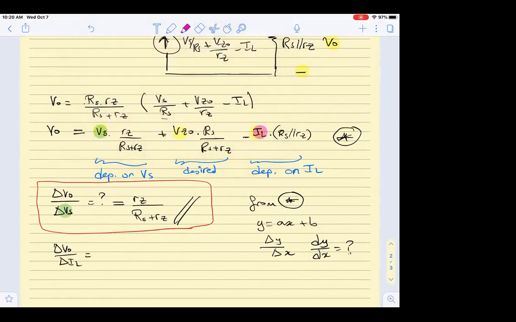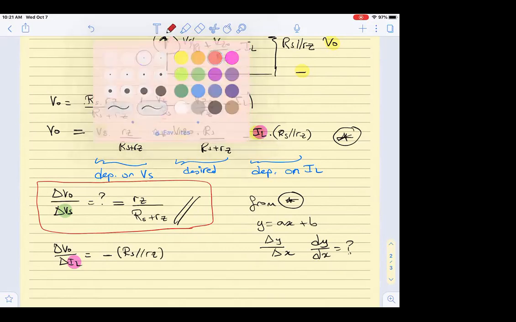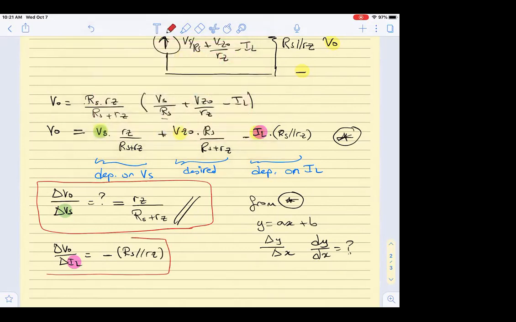Here is IL. I want to find the derivative with respect to IL. In a similar fashion, it is a linear system, so the derivative gives me the coefficient, which is minus RS parallel RZ, and it is negatively correlated with IL. So this is the second quantity that we are interested in.